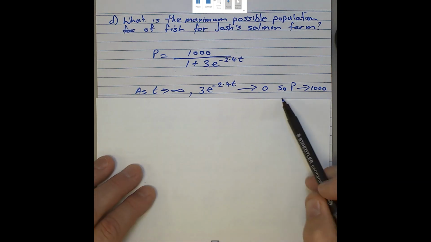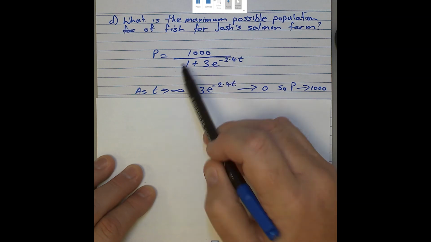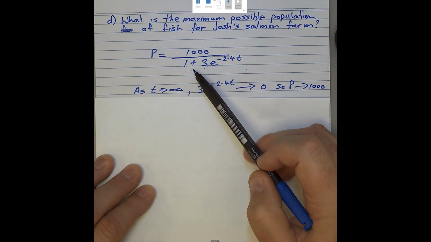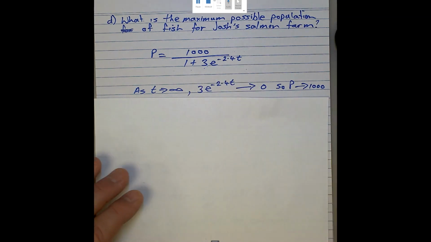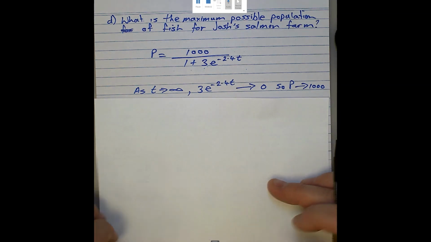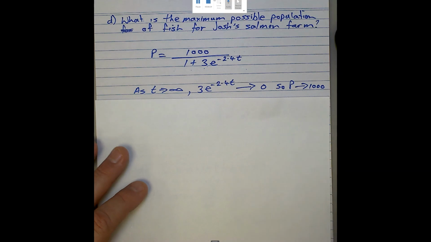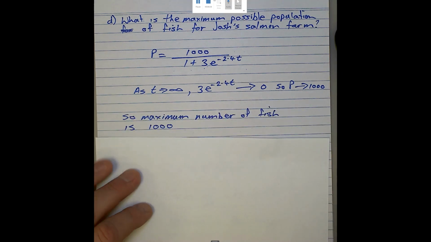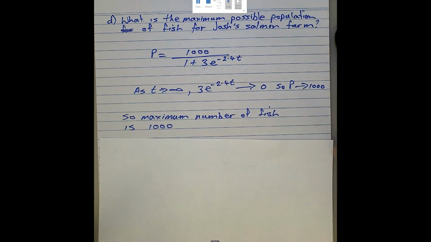So the denominator will approach 1, and therefore P will approach 1,000, because we'll have 1,000 over 1, and so the maximum number of fish is 1,000.